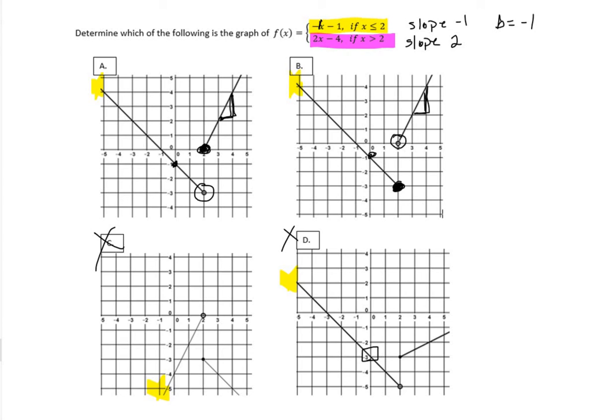Well, it all boils down to the endpoint on this particular problem. Look at this inequality. The yellow part says x is less than or equal to 2. You're going to be on the yellow part of the graph. So when I'm at 2, I need to be on this yellow part of the graph. So I need to have B for my answer.